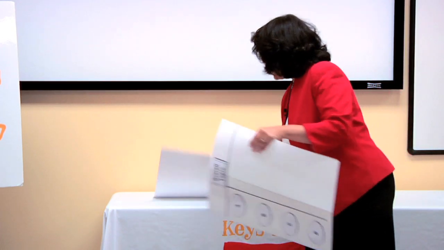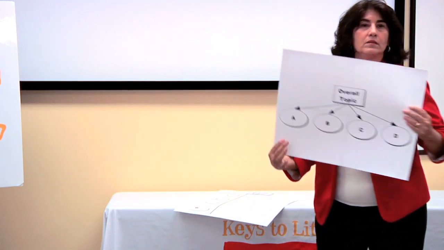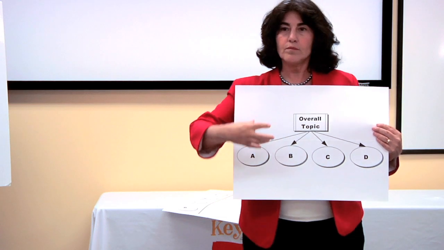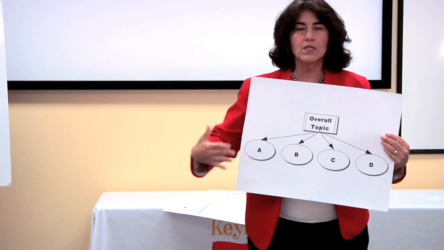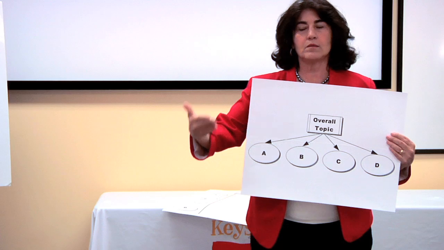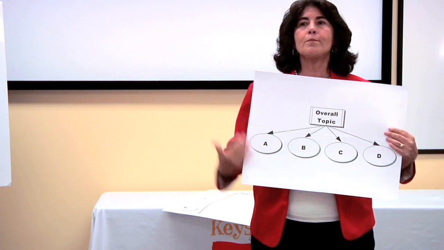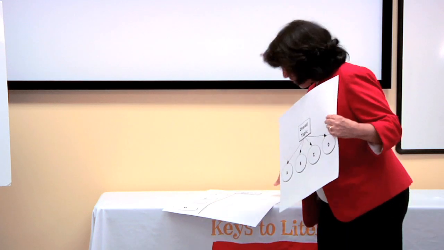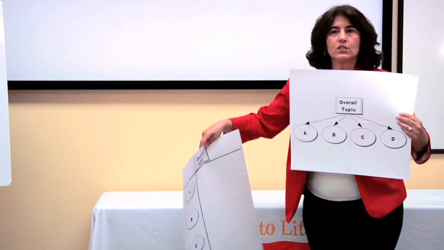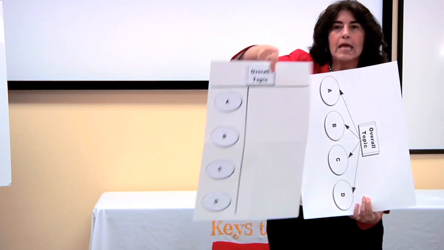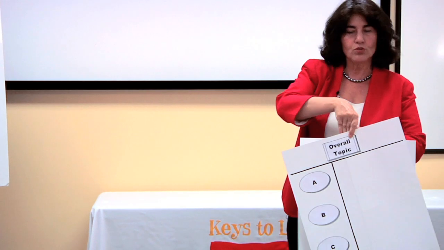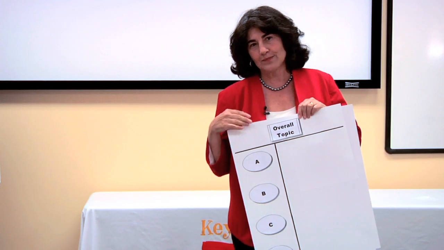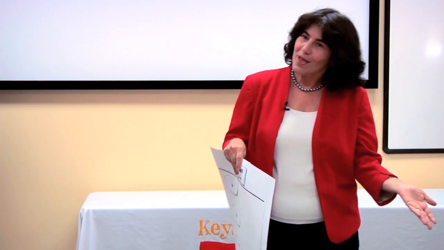If we already have a related top-down topic web where we've got our overall topic and we've got these big subtopics that we're introducing to students, preferably as a before strategy, such as, here are the 4 big ideas you're going to learn about in this article, then it makes it very easy to basically just put this on its side, and now the main ideas move over to the right column, and we've got space to add our details. So that's basically the format for two-column notes.